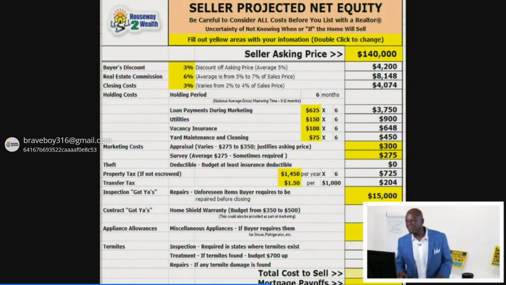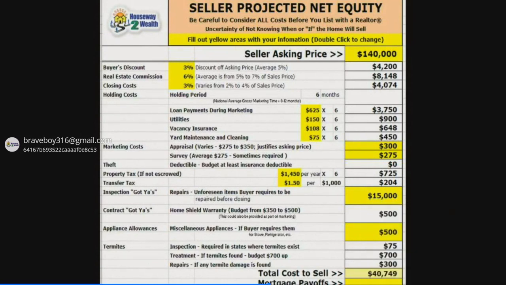So this is what we use, a projected net equity sheet, a cost to sell worksheet. Basically, guys, what we're doing here, if you can see this form that we use in our business, this is how we get the seller to pay us.